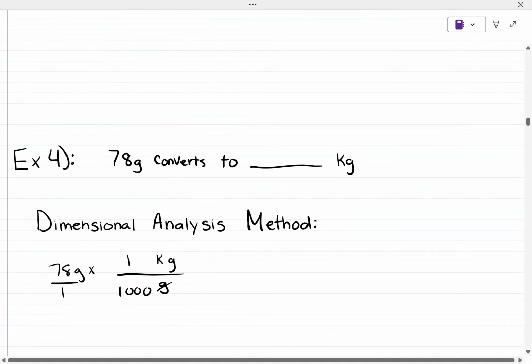Okay, the grams units disappear because they're the same on the top and bottom. So you're left with kilograms and then multiplied across. So what's 78 times 1? And what's 1 times 1,000? So that's 1,000. Okay, you put it all together. 78 times 1 is 78.